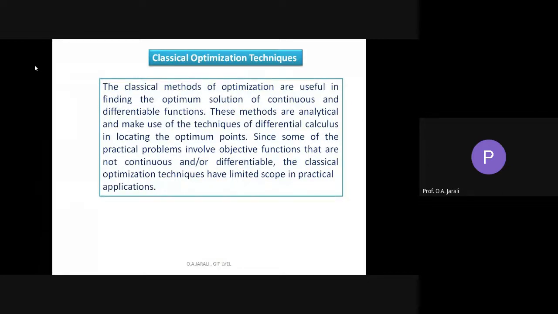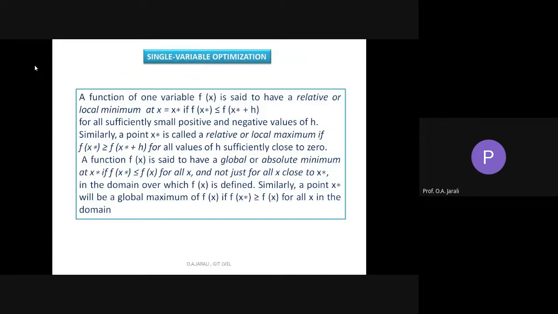Since some of the practical problems involve objective functions that are non-continuous or non-differentiable, the classical optimization technique has limited scope in practical applications. So it has limited application, but we will discuss it as it is there in your syllabus.